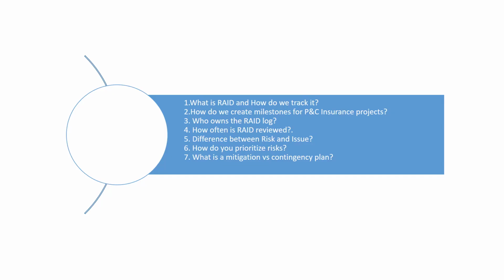To create the milestones, first of all, the project is aligned to the policy life cycle and regulatory checkpoints, such as requirement sign-off, design approval, underwriting workflow completion, policy administration module delivery, then claim module integration, UAT sign-off, and regulatory compliance validation.